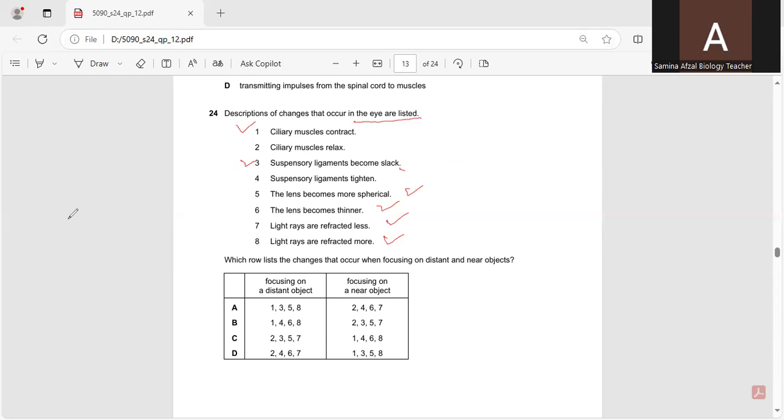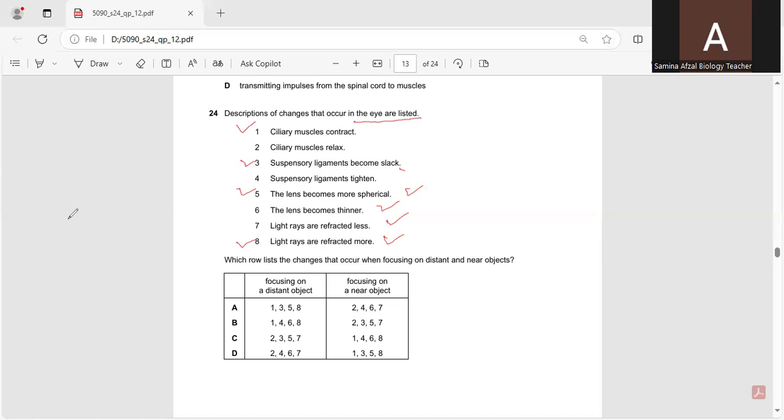So it is when we want to focus on a near object. Then the lens becomes thinner in case of the distant object. The light rays are refracted less in the distant case, and they will refract more in case of a near object.